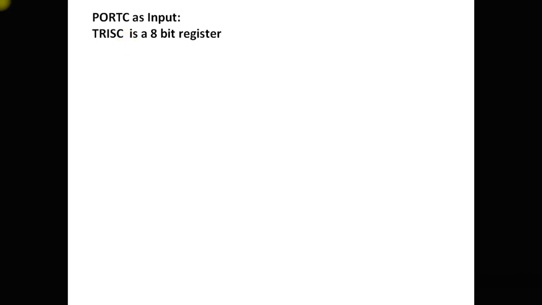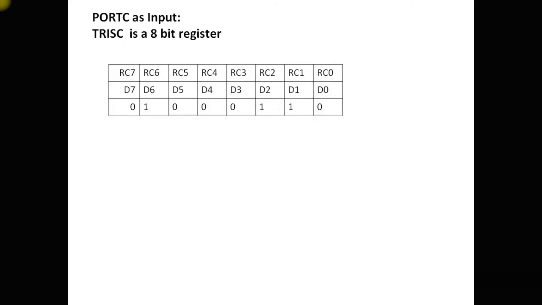It is an 8-bit register. This is the bit pattern of the port C direction register. D0 to D7 are the direction register bits for the corresponding port C bits. In this direction control register, we write zeros and ones in the corresponding bit positions, which directly affects the corresponding port pins.